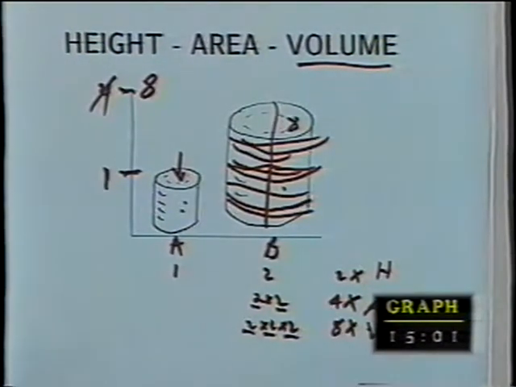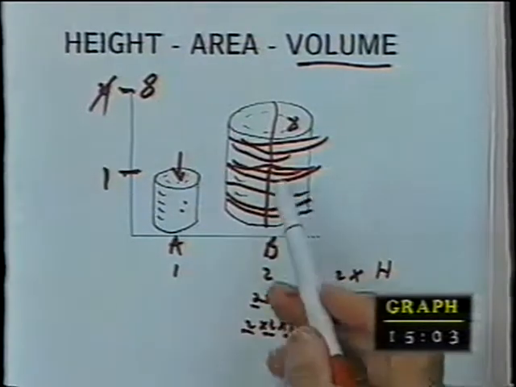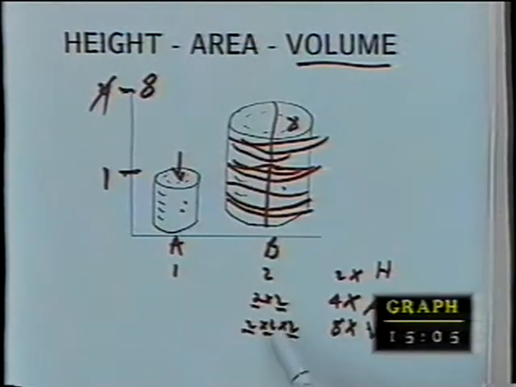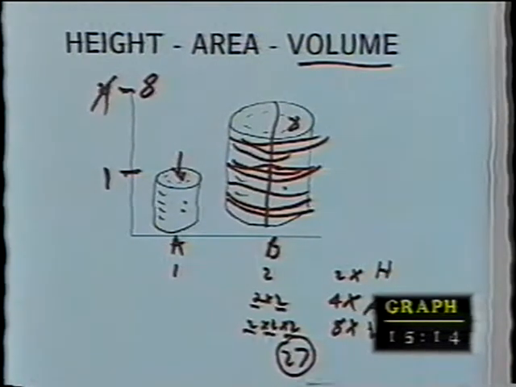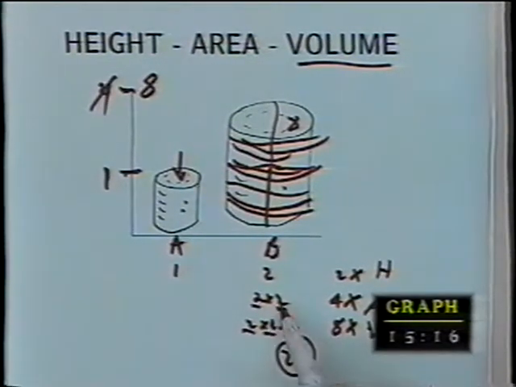So if this one is 3 times as tall as that, and I want the volume, I'd have to go 3 times 3 times 3, or 27 times as big. And if I wanted area, it would be 3 times 3, or 9 times as big.